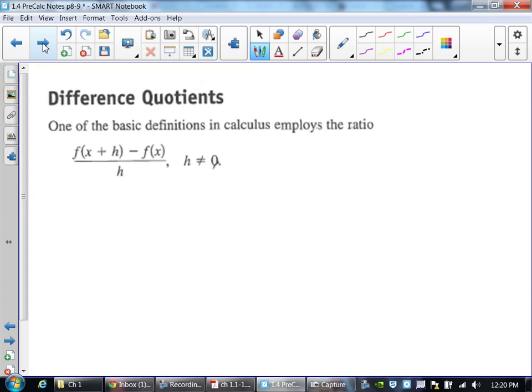This difference quotient is the basic piece of calculus. What this will allow you to do eventually is find the slope of a tangent line to any curve, or find the slope of really anything. It's kind of like the basics as you get into it.